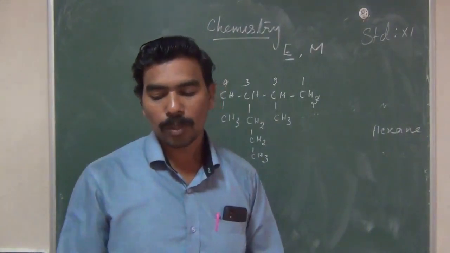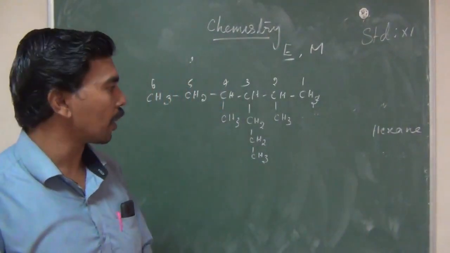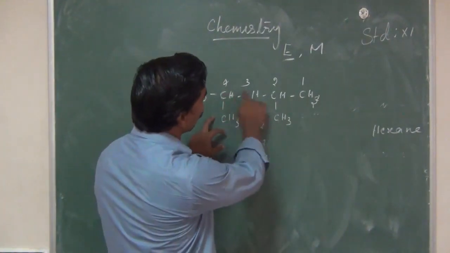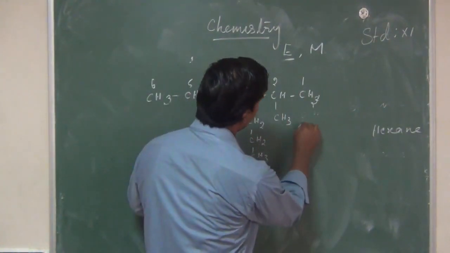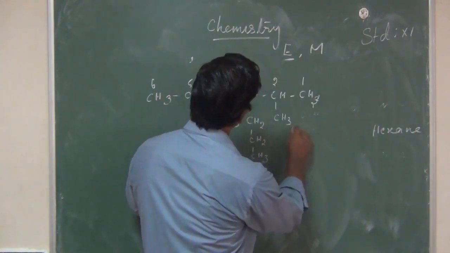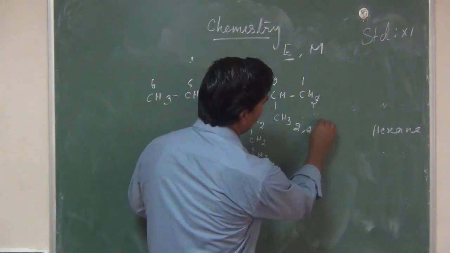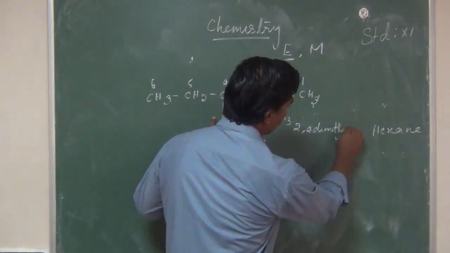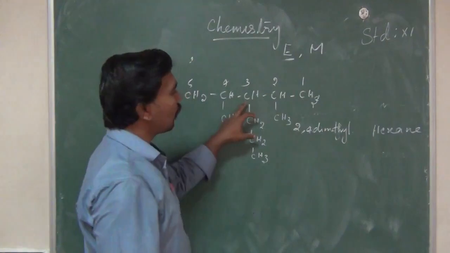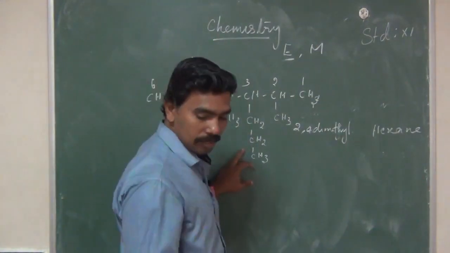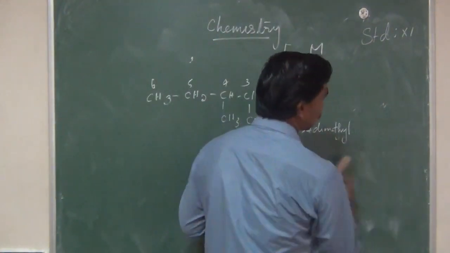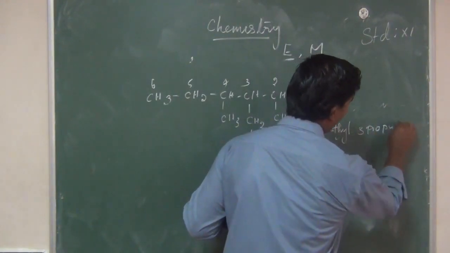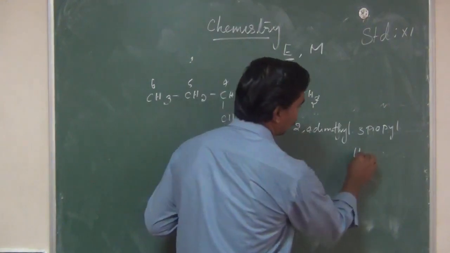You compare methyl and propyl; methyl comes first. So 2,4-dimethyl, 3-propylhexane.